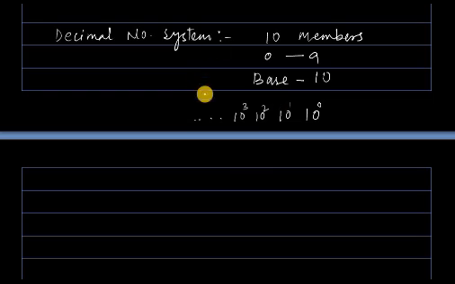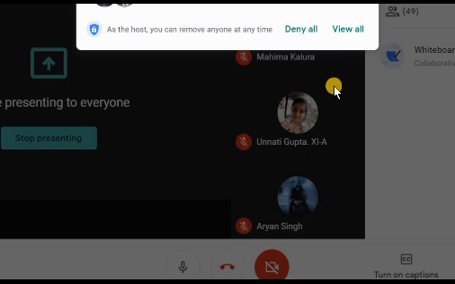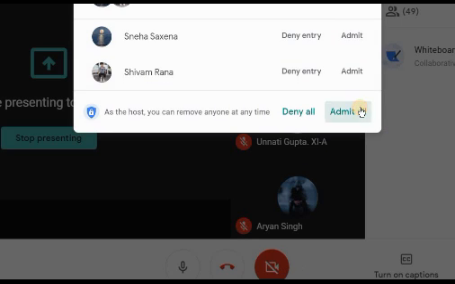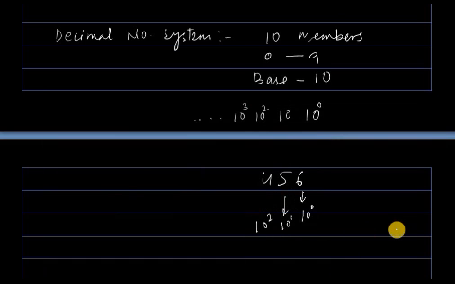I gave an example also: this will be considered as unit, meaning 10 to the power 0, this as 10 to the power 1, and this as 10 to the power 2. So I have already told you this yesterday. Now let's go further.